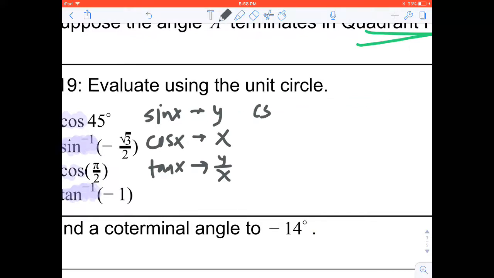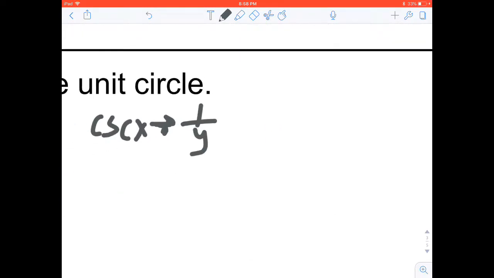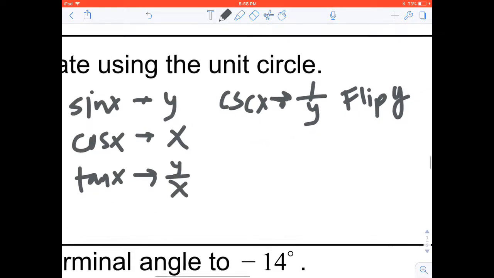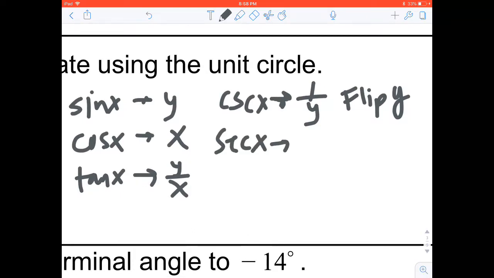So the reciprocal of sine is cosecant, and that becomes 1 over y, or you just flip y. That's really just what it means, flip y. The reciprocal of cosine is secant, and so we have 1 over x, or just flip your x.